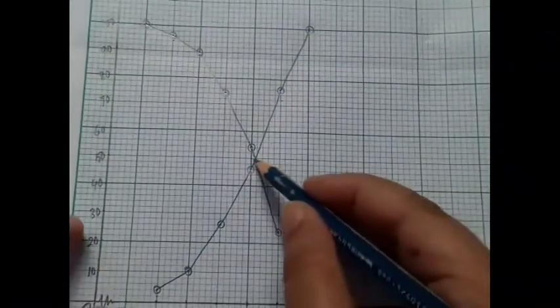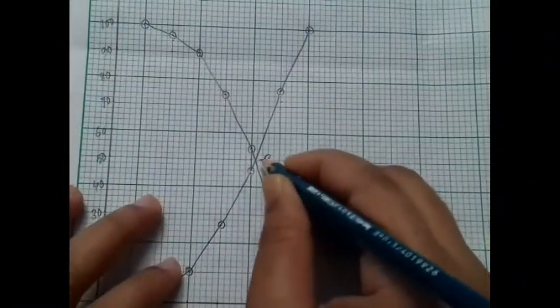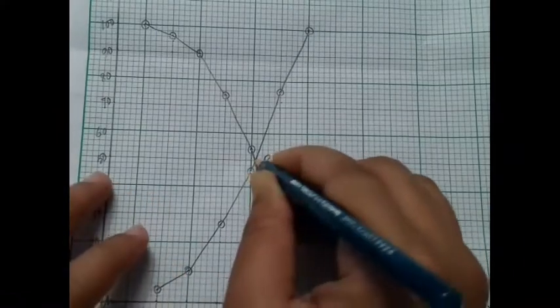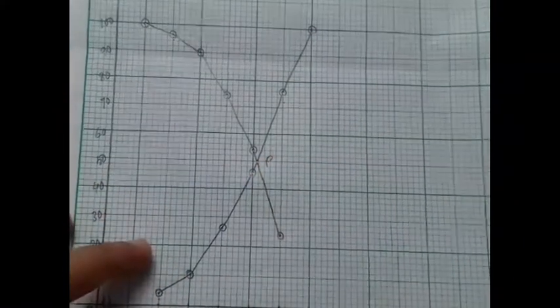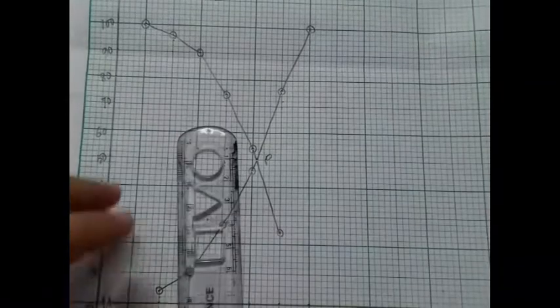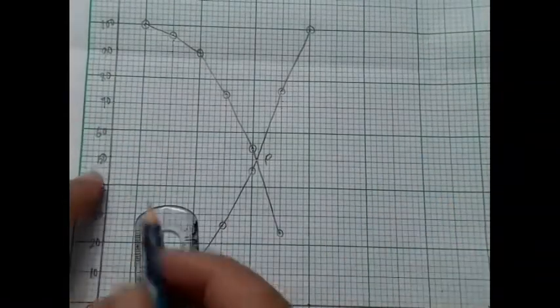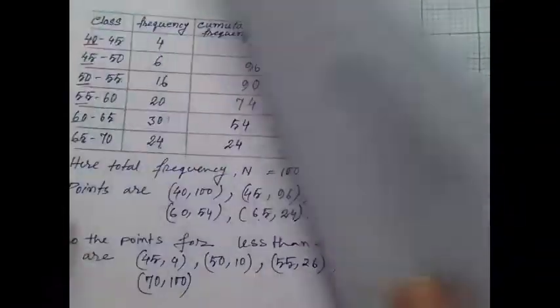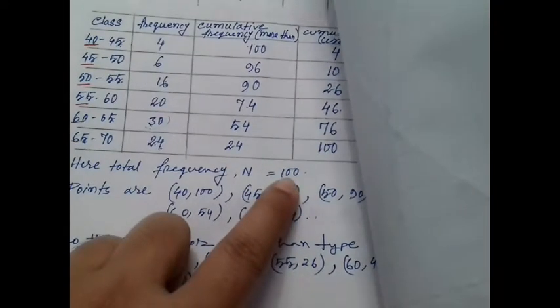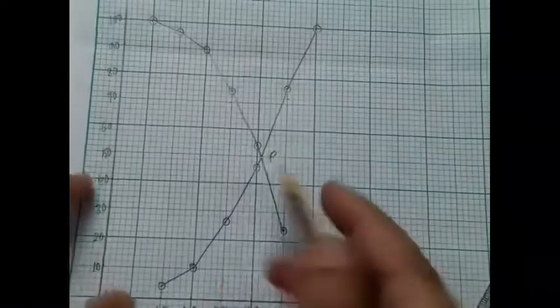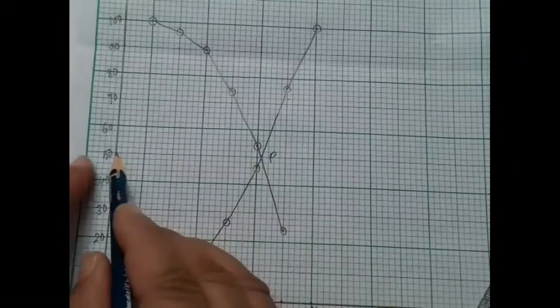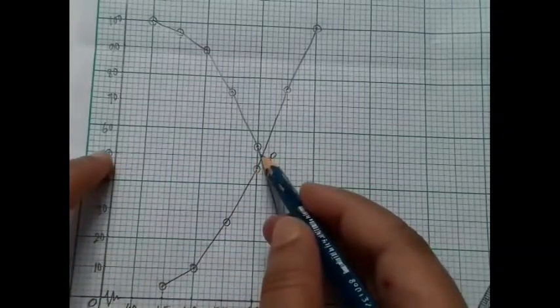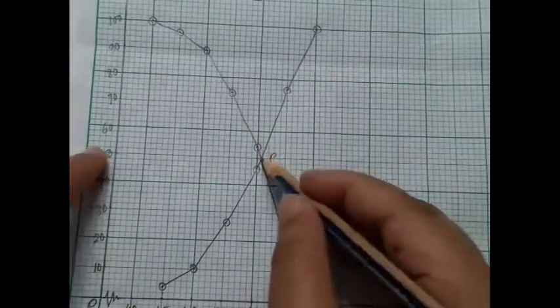Now you can see that here at the point P both the Ogives intersect. From the point P we should draw a perpendicular. One more thing you can observe is that the total frequency is 100, so the median is the 50th value, and the ordinate of this point is also 50.